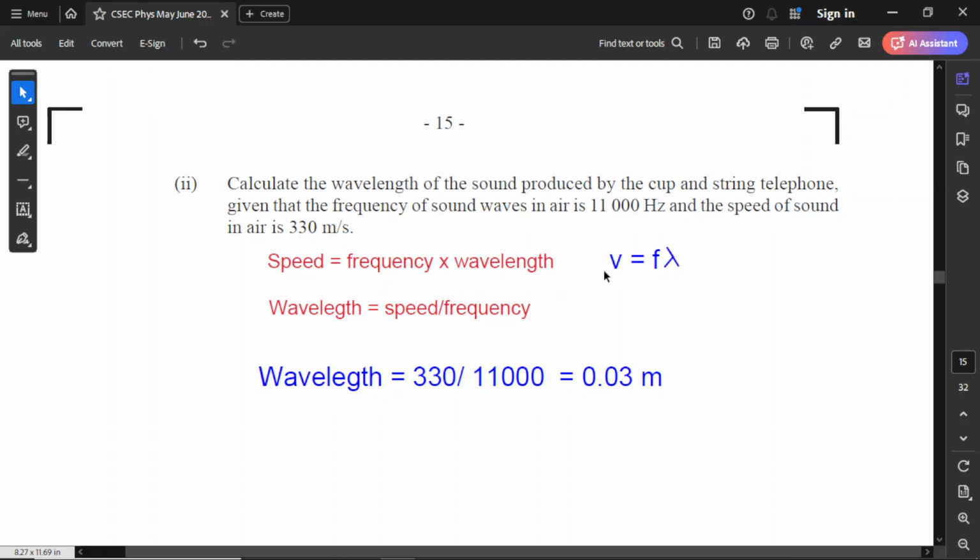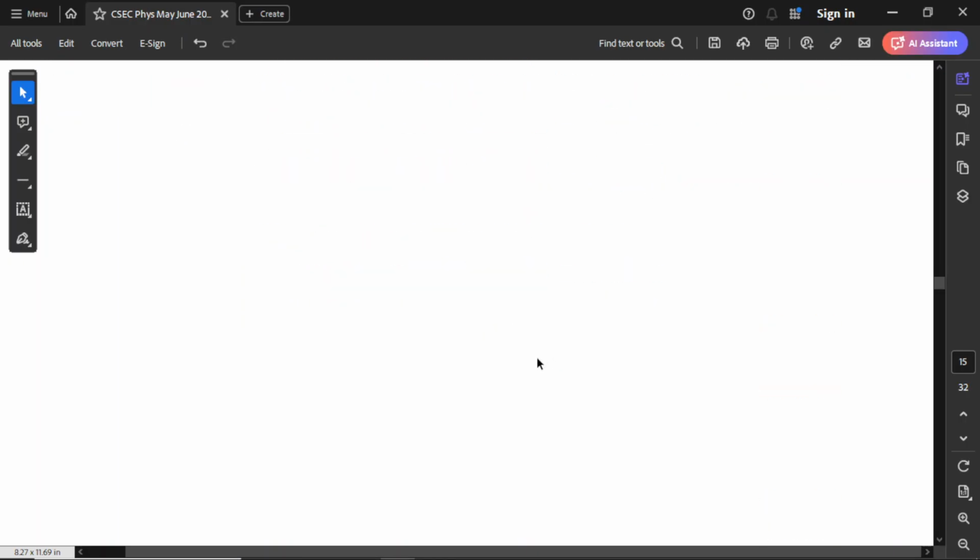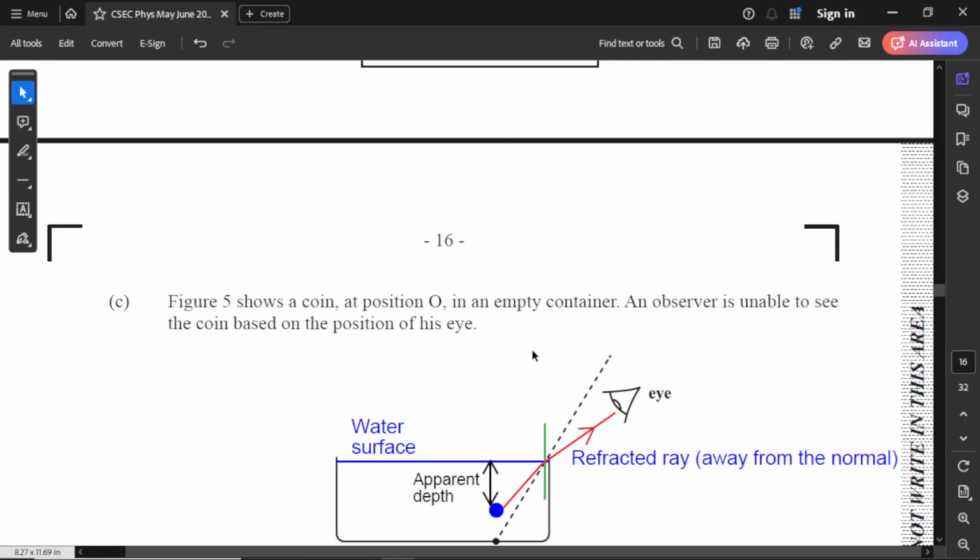Just as we remember, the formula is speed equal to frequency times wavelength. They asked us to find the wavelength, so wavelength is equal to speed divided by frequency. Therefore it's going to be 330 divided by 11,000, which gives 0.03 meters. And that's a nice 3 marks.